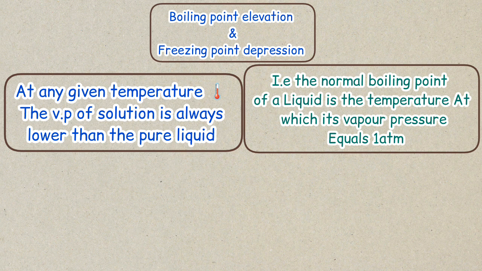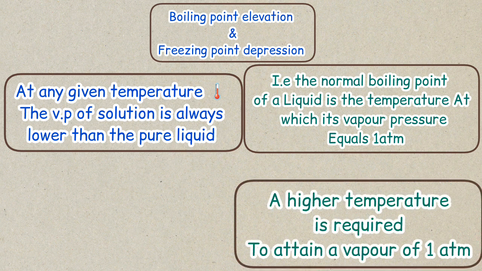And at the normal boiling point of the pure liquid, the vapor pressure of the solution will be less than 1 atm. That is a solvent that has been mixed with a solute. Now, since it is less than 1 atm, a higher temperature will be needed to raise the vapor pressure to 1 atm.